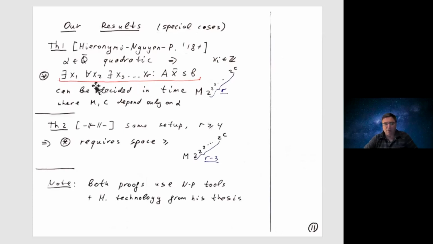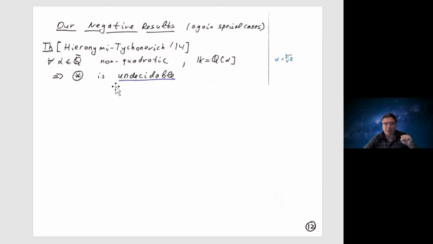Okay, so you remember that's kind of like a Pressburger fragment, and it turns out that the Pressburger fragment is undecidable when you have coefficients in your matrix that are non-quadratic irrational.